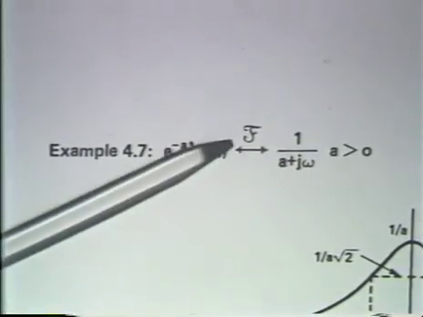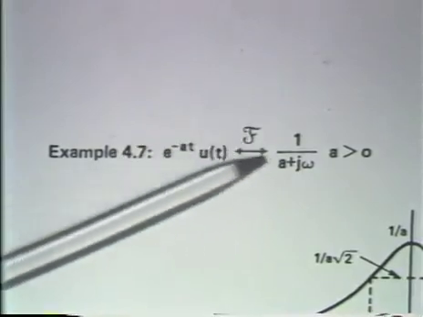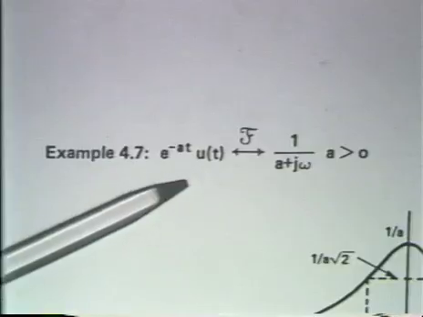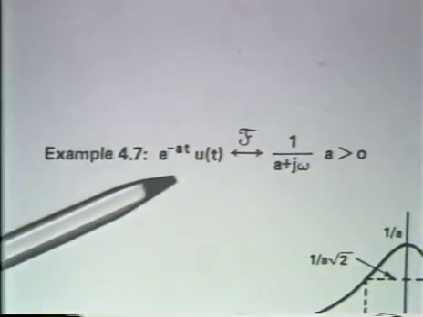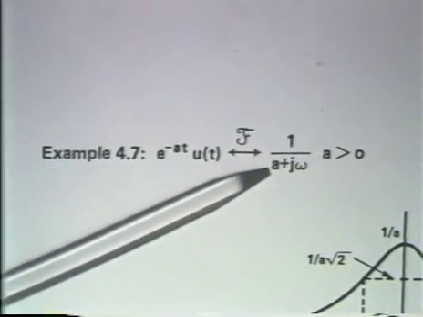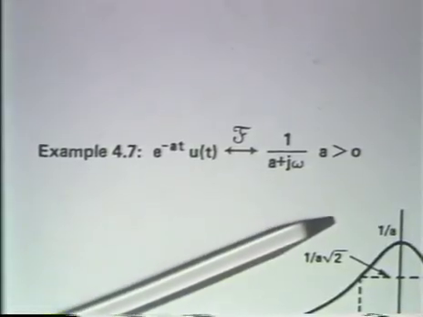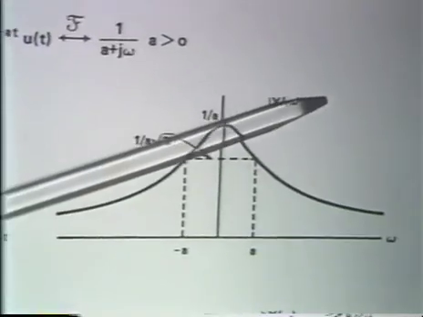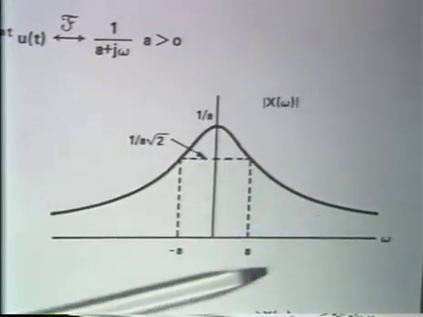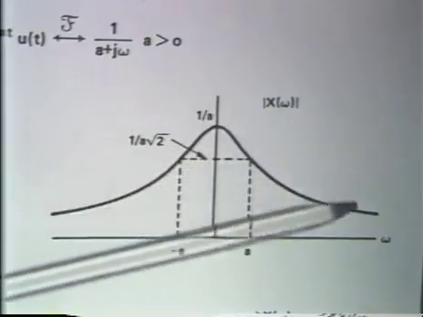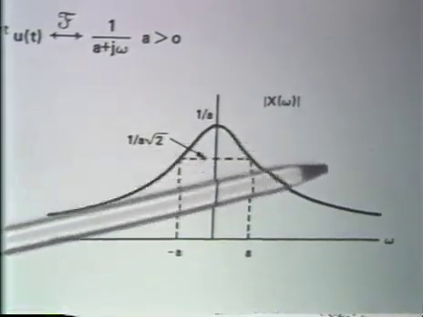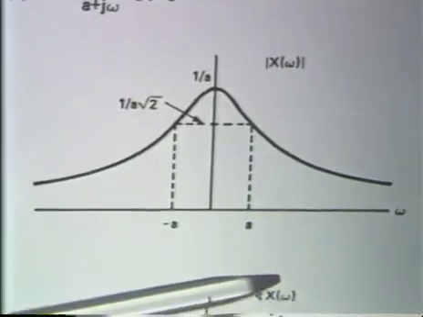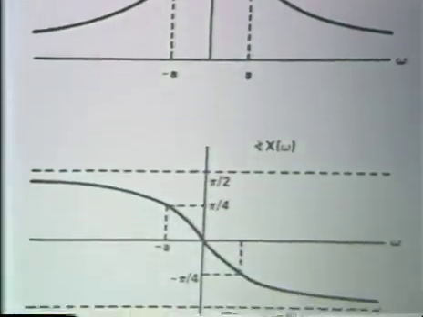And incidentally, the Fourier transform integral only converged for a greater than 0. In other words, for this exponential decaying. And I illustrated the magnitude and angle. And what we see is that e to the minus at is a real time function. Therefore, its magnitude should be an even function of frequency, and indeed it is. And its phase angle, shown below, is an odd function of frequency.